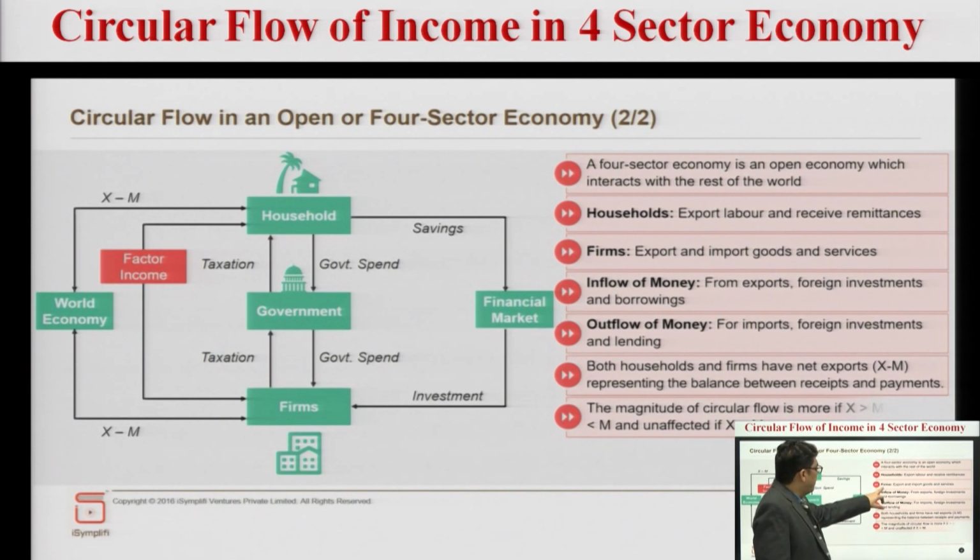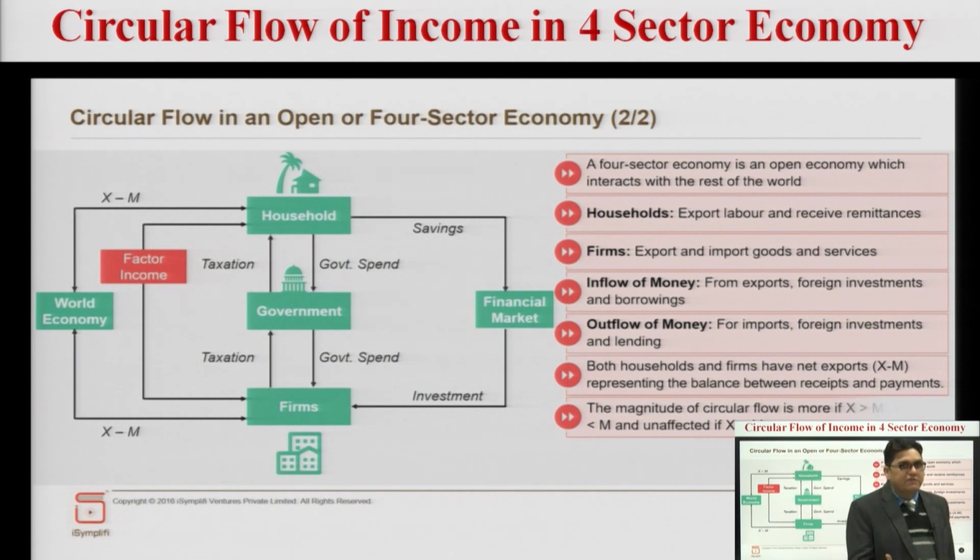This can only happen if we are working in the fourth sector economy, interacting with the rest of the world, our policies are very liberalized, and we are working with the rest of the countries. Next, it is firms' export and import of goods and services. We are exporting goods and services to the rest of the economy. As I just discussed, goods are tangible in nature, services are intangible in nature. IT, software, banking, professionals, consultancy, which are intangible in nature, are services. Those which are touchable, which are physical in nature, are goods.